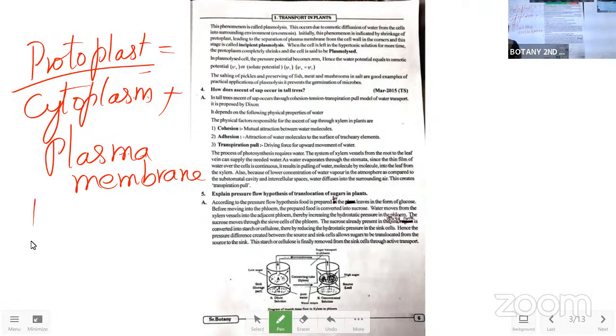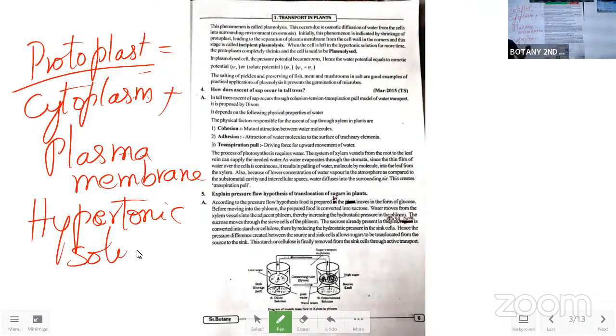That is hypertonic solution. High concentrated solution. Otherwise, when more solute molecules are present in the solution, that is called as the hypertonic solution.